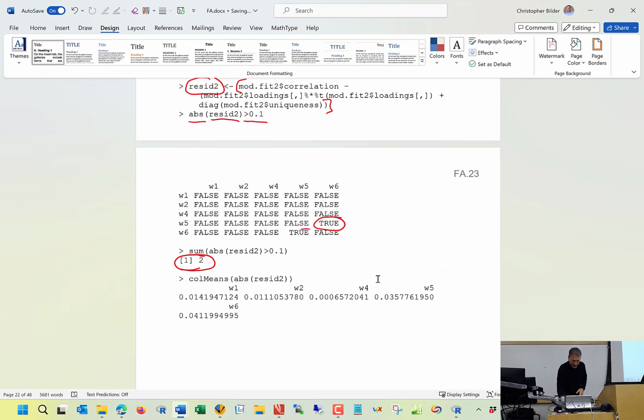Well, because of these two right here. Now remember that the correlation matrix and also the representation for our model is going to be symmetric. So how many of these actual residuals are greater than 0.1? Well, only 1. So just always think of this divided by 2. 2 divided by 2 is 1.